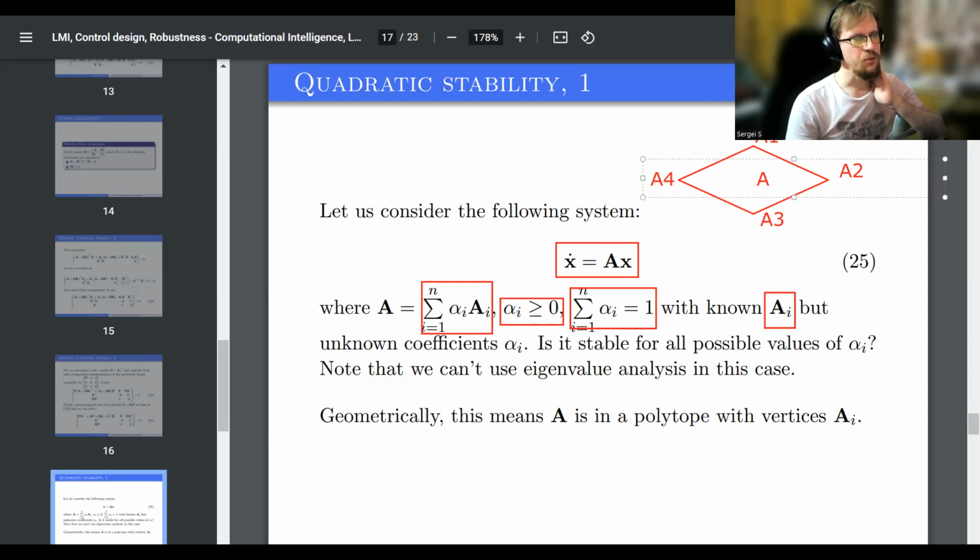If they are not stable at the same time, for a single Lyapunov function, so if there doesn't exist a single Lyapunov function that proves stability of all of them, then this doesn't imply that A cannot be stable.